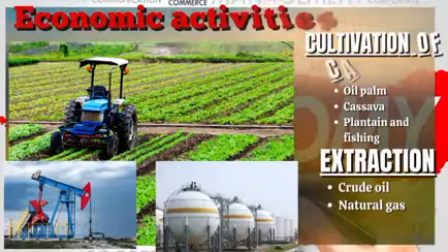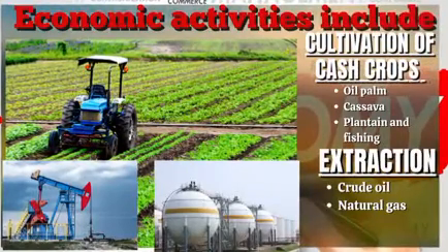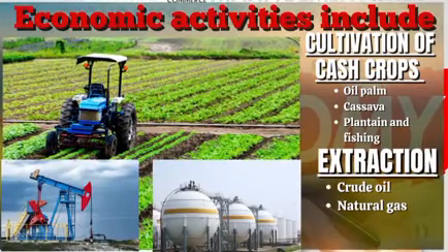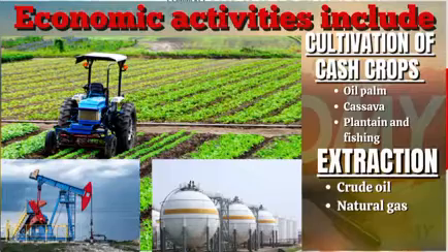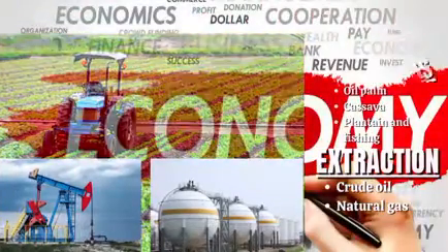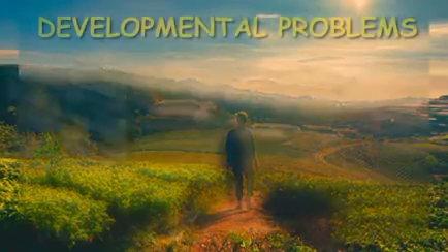Here, the economic activities include cultivation of cash crops, which we have oil palm, cassava, plantain, fishing, and the extraction of natural gas and crude oil. We all know the Niger Delta to be a major source of oil to Nigeria.